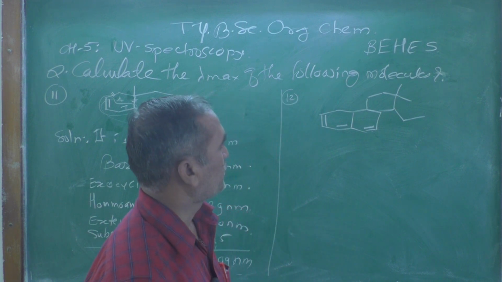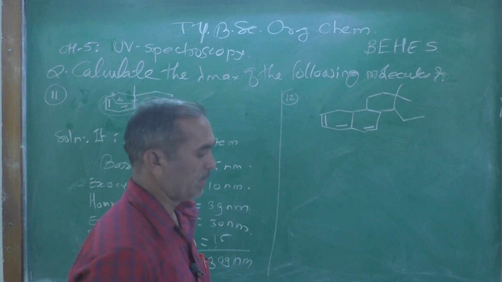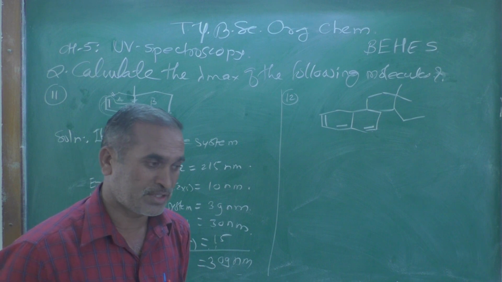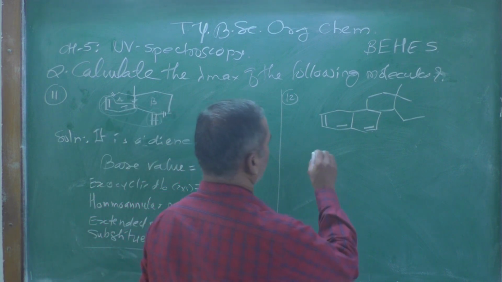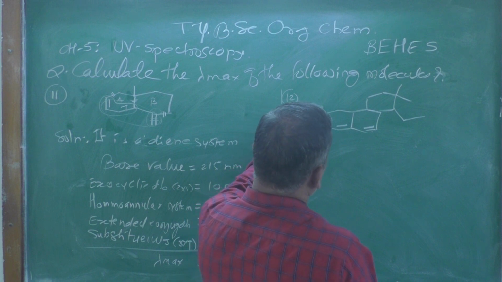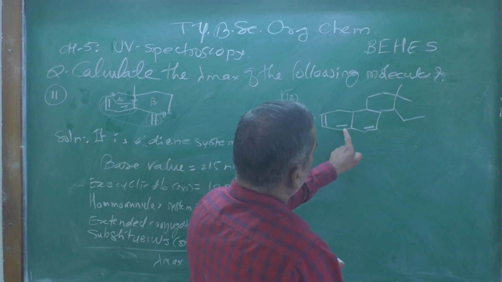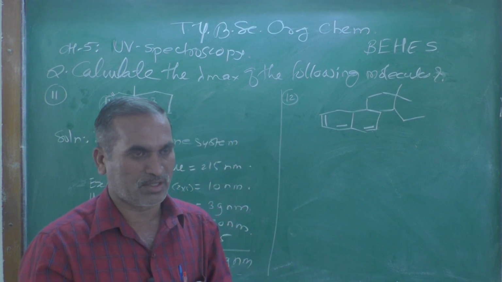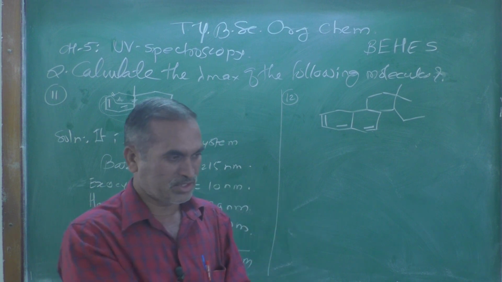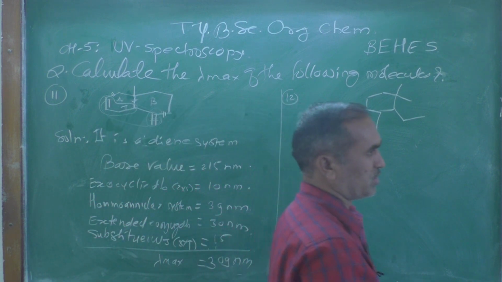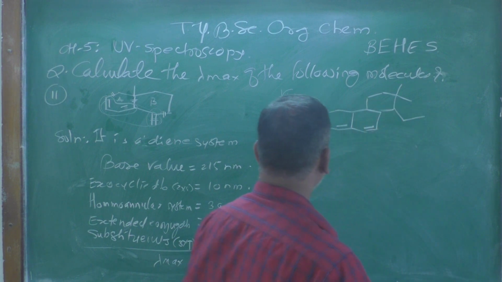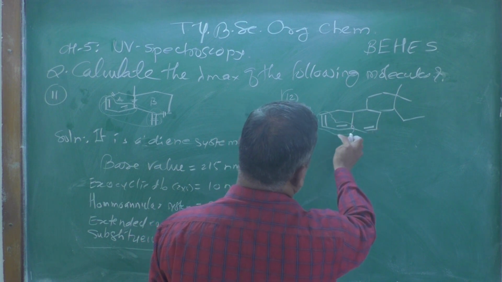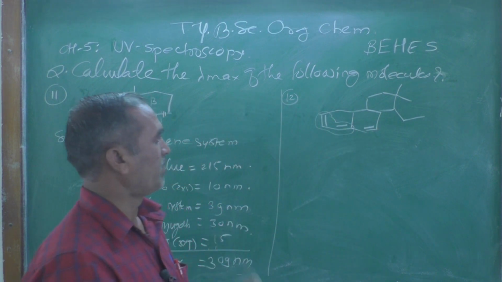If you observe this structure carefully, does this structure contain a diene system? Yes, this structure contains a diene system: double bond, single bond, double bond. Here also double bond, single bond, double bond. Either this system or this system, you consider only one system, don't consider it as two systems, only the diene system. So you can label either this way or this way.